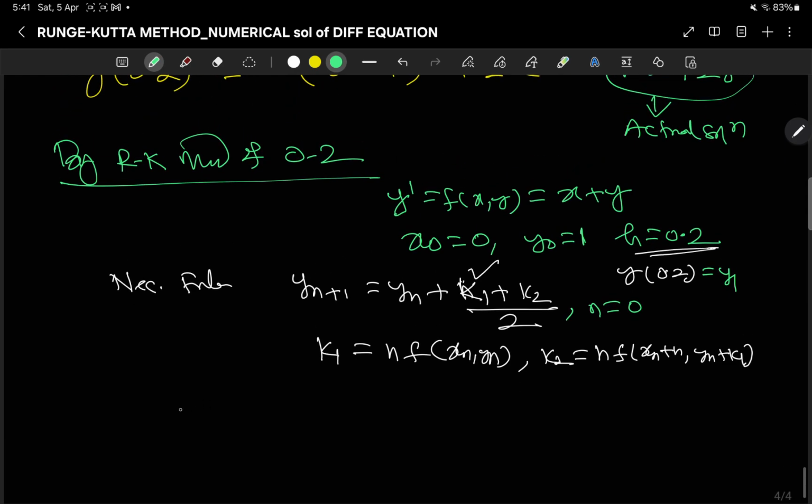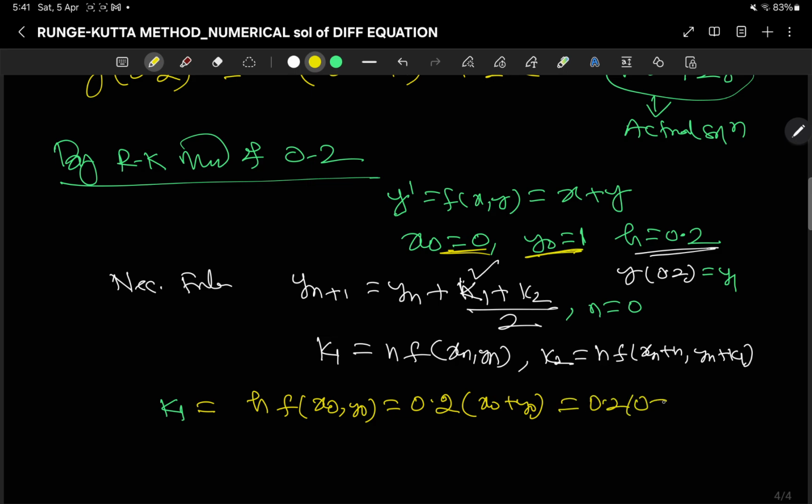So what is k1 now? k1 is equal to h f(x0, y0), which is 0.2 into (x0 plus y0). x0 value is 0 and y0 is 1, so it is 0.2 into (0 plus 1). So the value of k1 is 0.2.